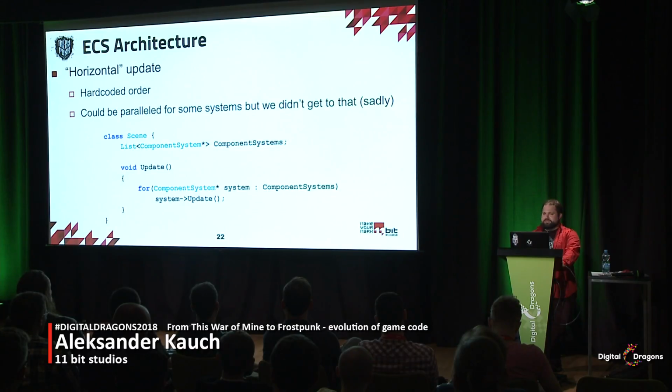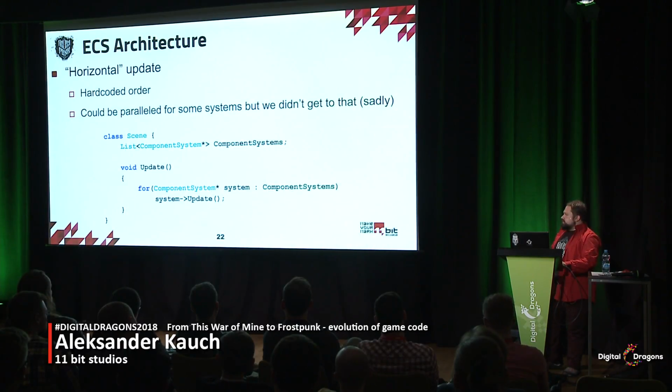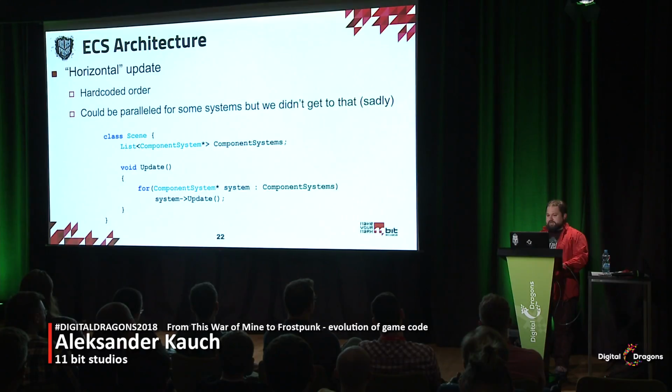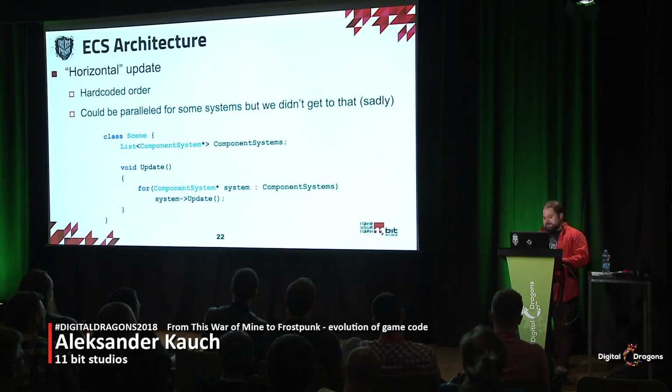If the systems are not coupled and are independent, as they should be, in this model it's easy, maybe not easy, but possible, to parallelize this, so to work on more than one thread. But we didn't manage to do that in Frostpunk, sadly. We saw that it could be done, but it was a bit too late in development to implement that.